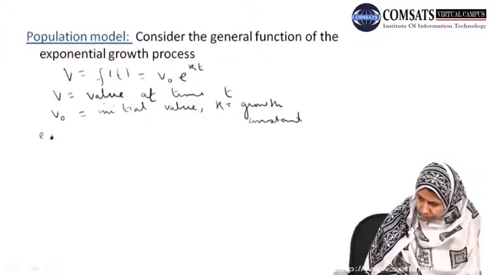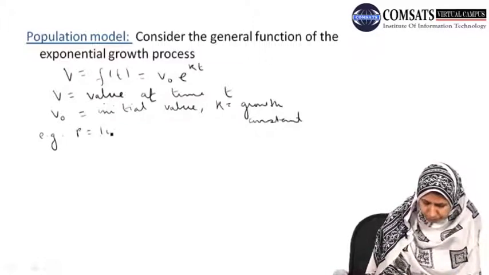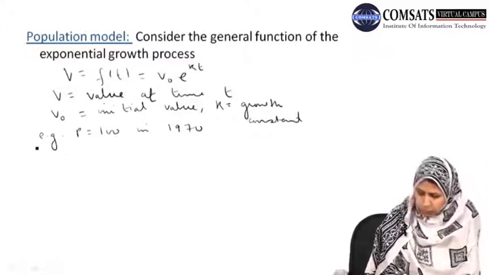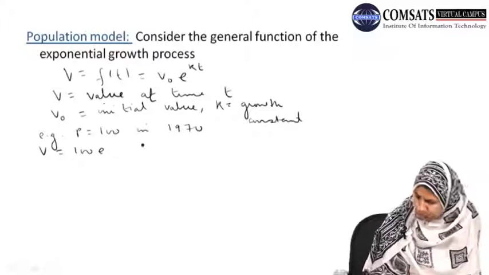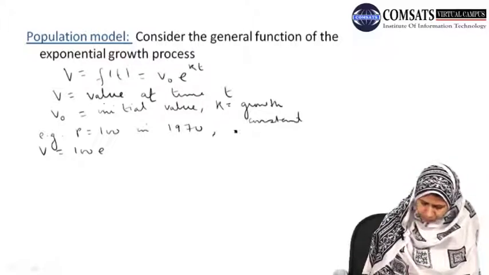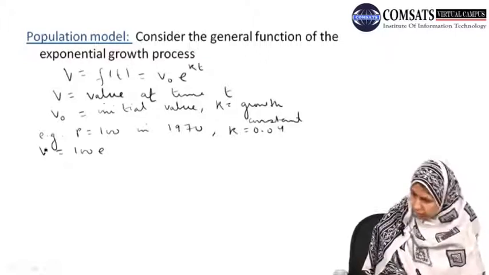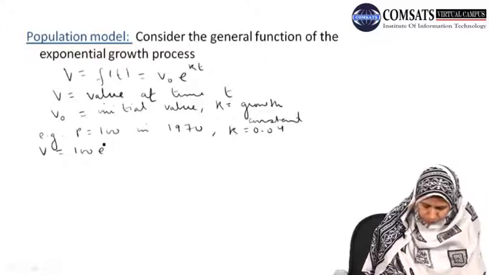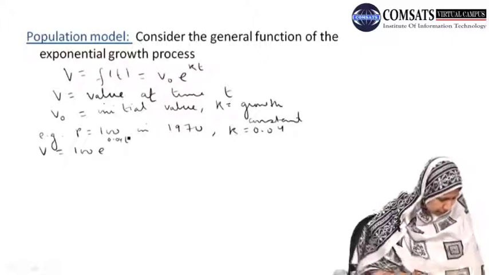For example, if P is equal to 100 in 1970, then our population model will be V equals 100 into e to the power kt, and if further our k is equal to 0.04, that is 4% per year, then our population model will be equal to 100 into e to the power 0.04t.